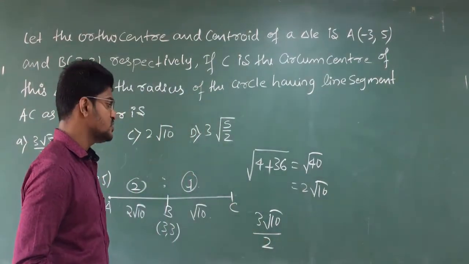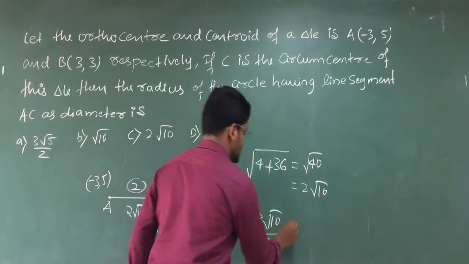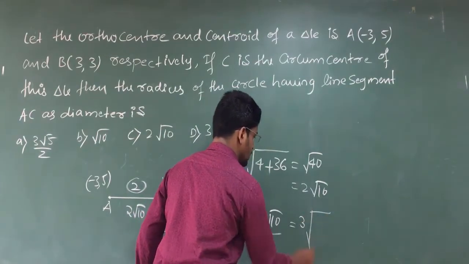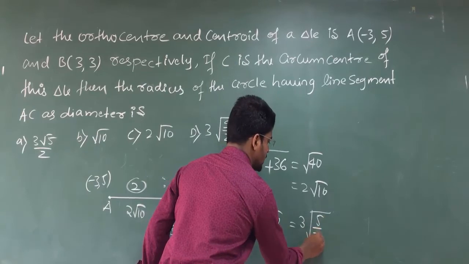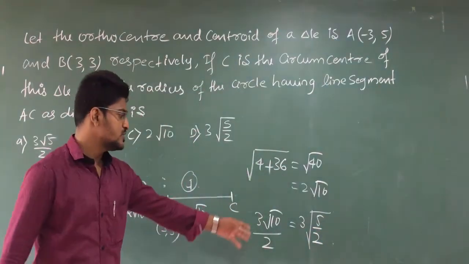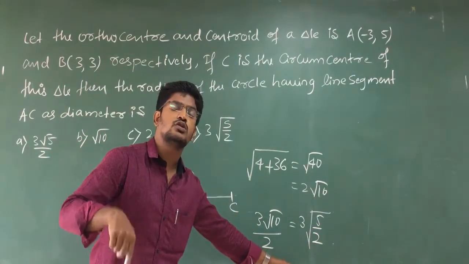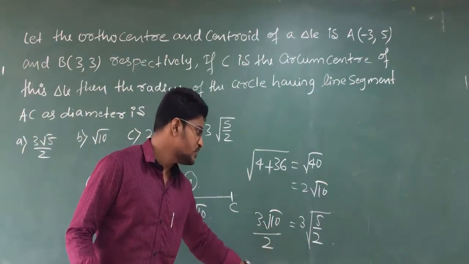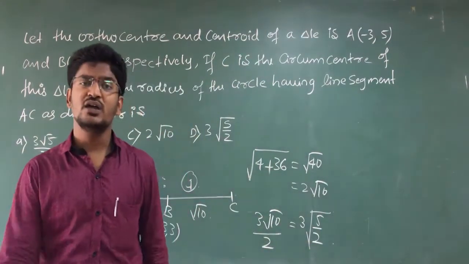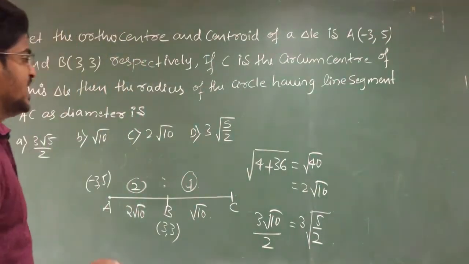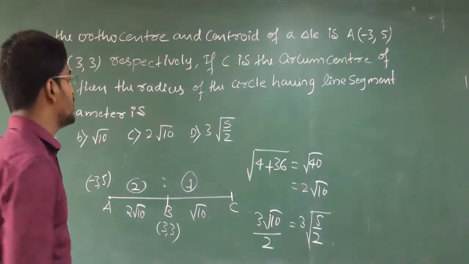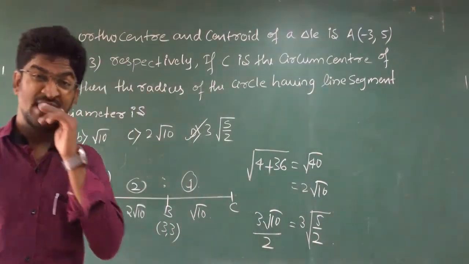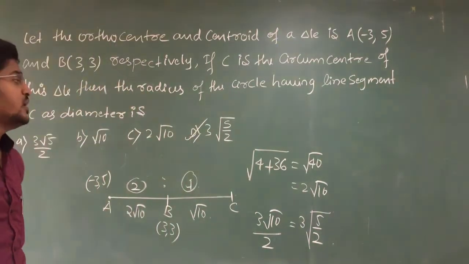That is nothing but 3 times root of 10 by 2, since if you take 2 inside the root, it will be root 4, so root of 10 by 4, which is 5 by 2. So that is 3 times root of 5 by 2. So the answer will be option D, 3 times root 5 by 2.